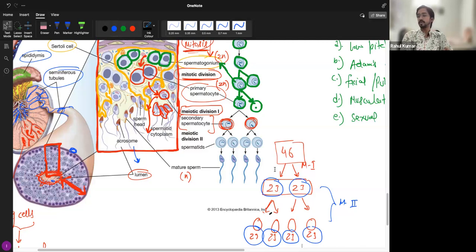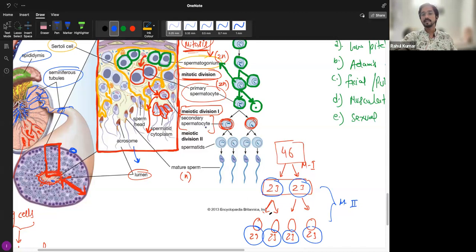Meiosis 2 mimics mitosis, behaves like mitosis, and is equational in nature, so the number remains equal. Is that part clear, Iram and Rabia? Yes, sir.